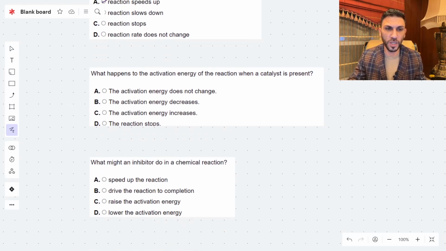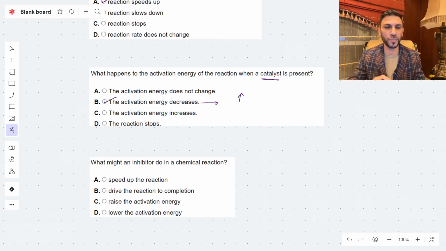And number 3, what happens to the activation energy of the reaction when a catalyst is added or is present? The activation energy does not change, the activation energy decreases, the activation energy increases, or the reaction stops. Of course, the activation energy will decrease, and that's why the rate of the chemical reaction will increase.